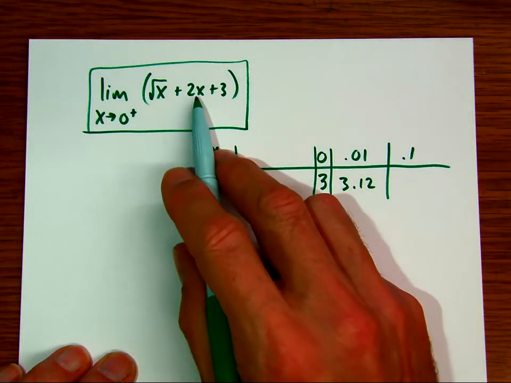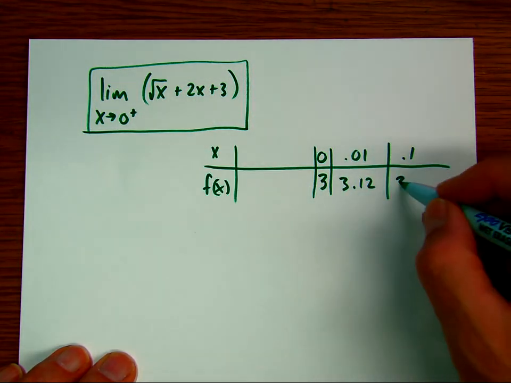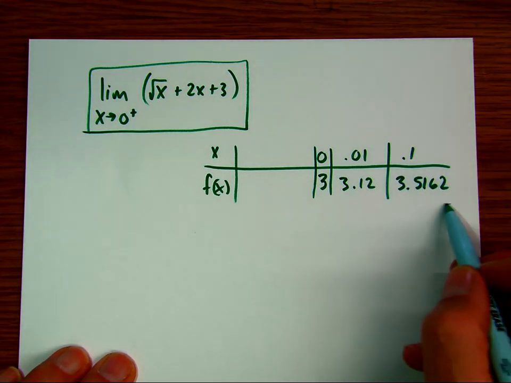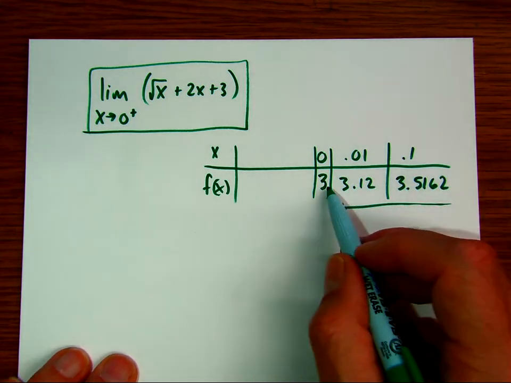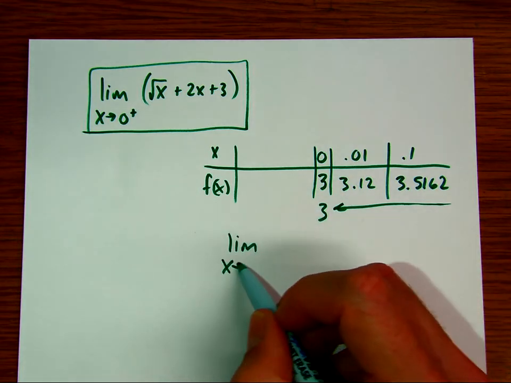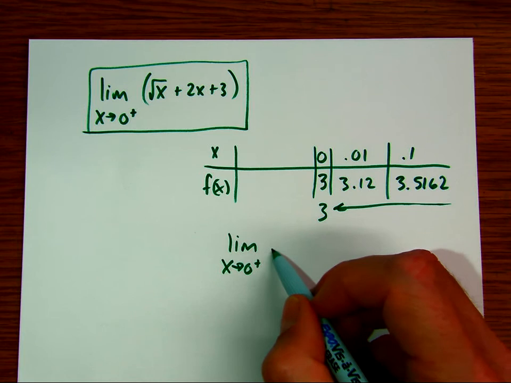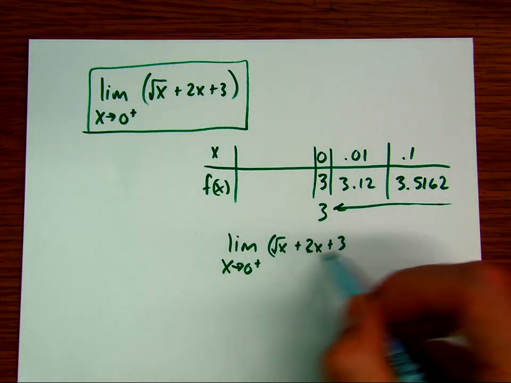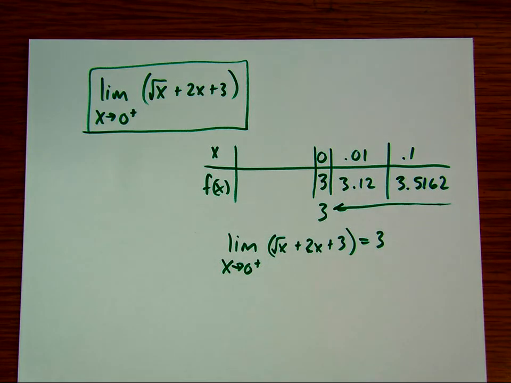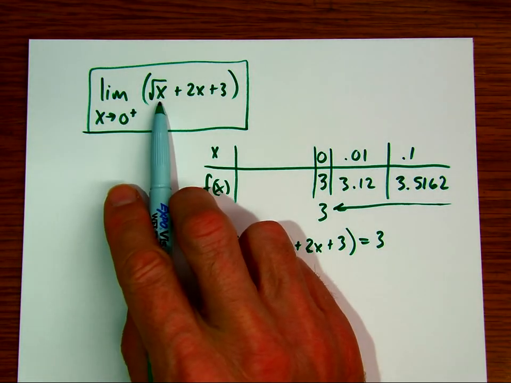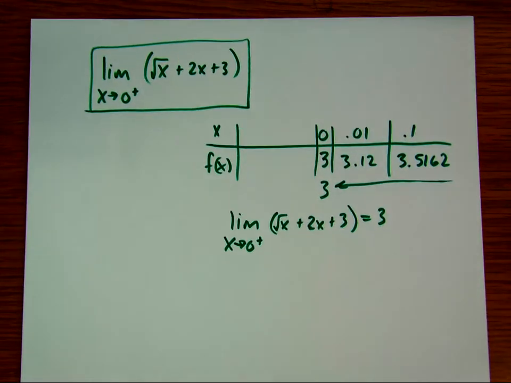When you put in a 0.1, you get 3.5162. And we want to know what y value it is approaching. It's approaching 3. So the limit as x goes to 0 from the right equals 3. And also notice that we can't go to 0 from the left because then we would have an imaginary number there.